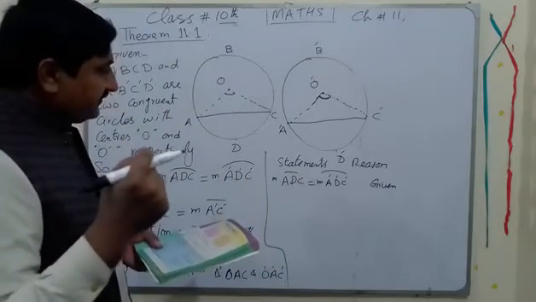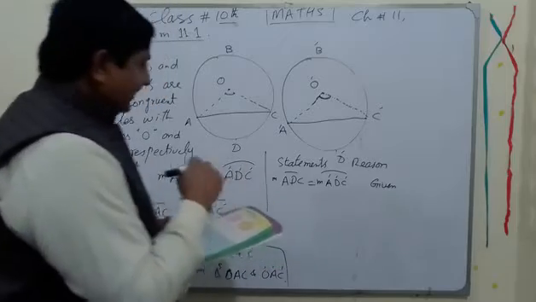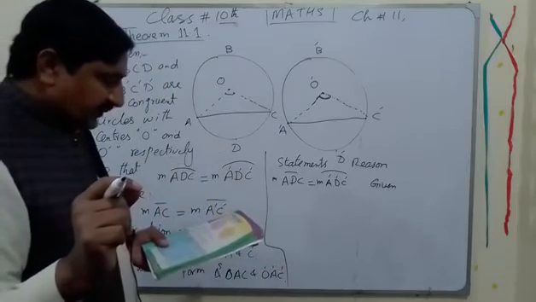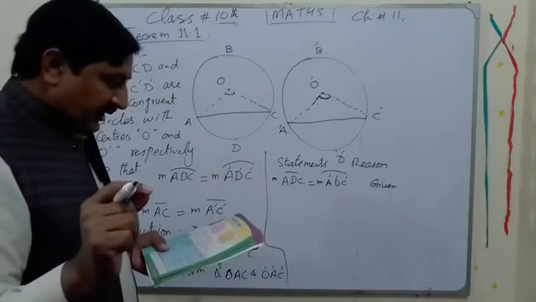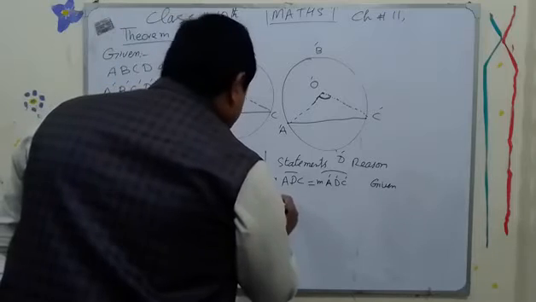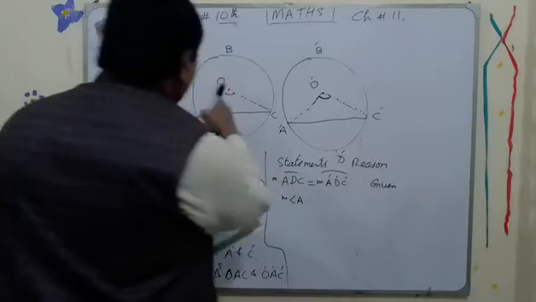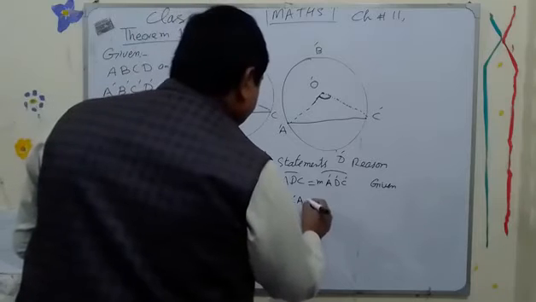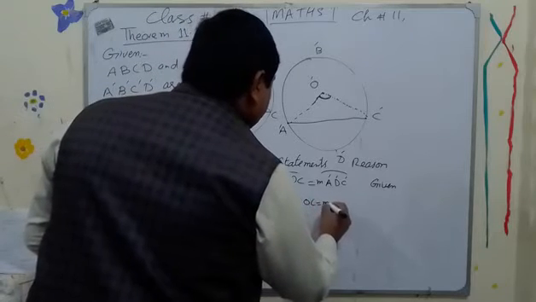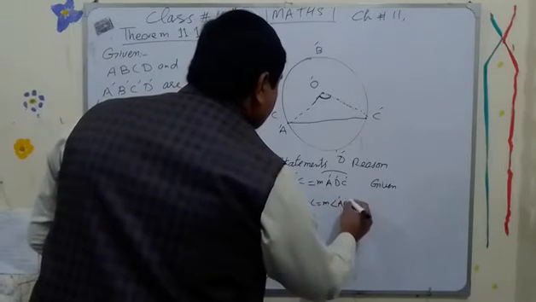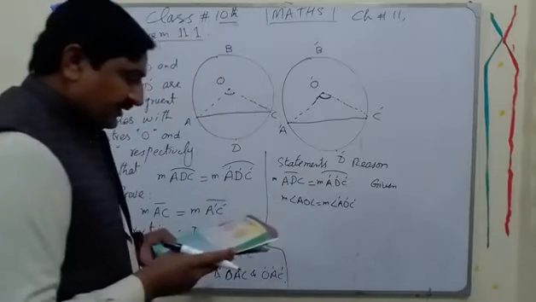Now, if the two arcs are congruent, then definitely they form congruent central angles, right? So according to this statement, measure angle AOC is equal to measure angle A prime O prime C prime. Why do we write it?